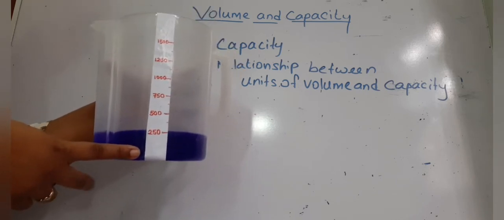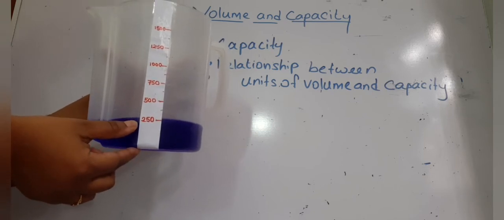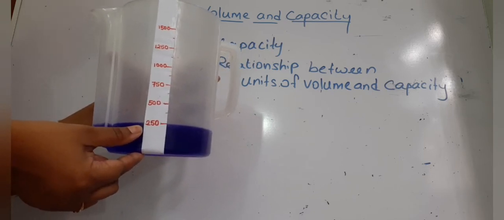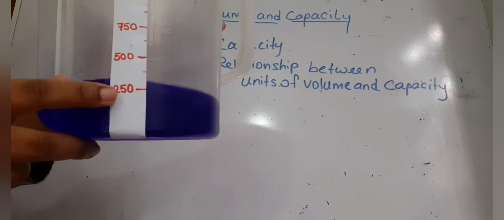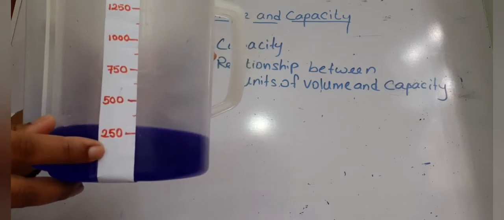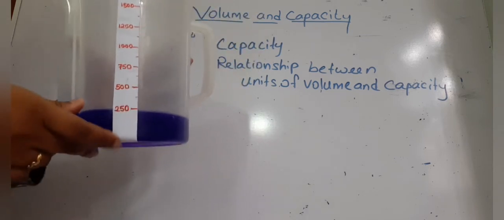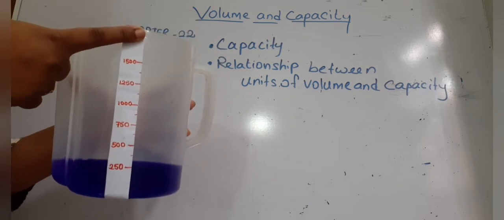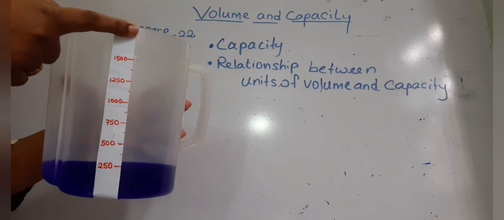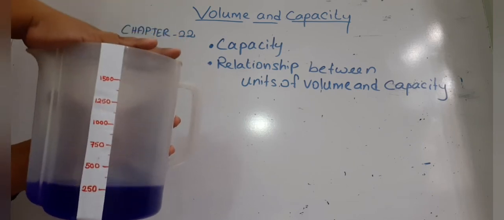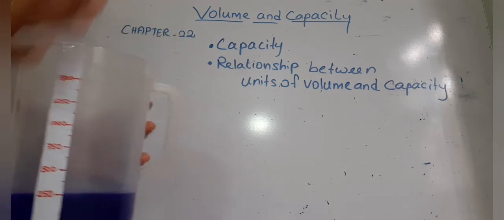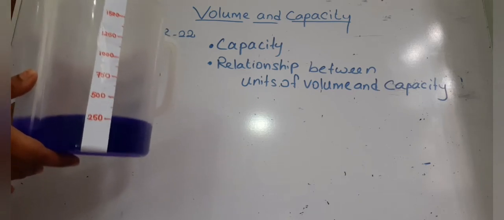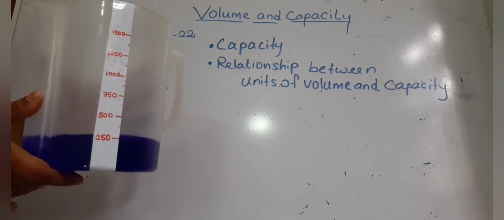So this is called the volume of the liquid now. So the volume of the liquid is 250 milliliters. But the capacity of this container is 2 liters, which is the maximum amount of liquid which can be poured into this container. So that is the difference of the volume and the capacity.